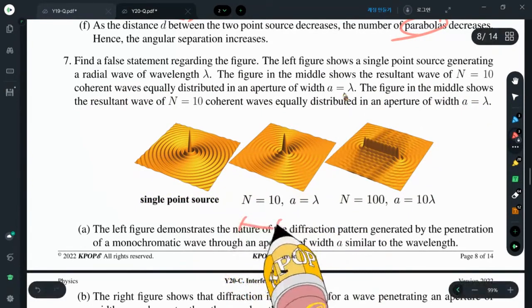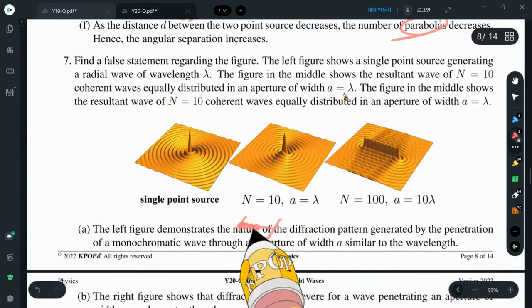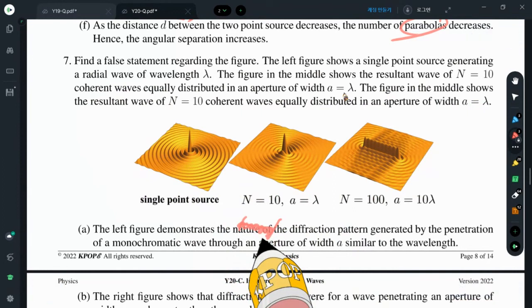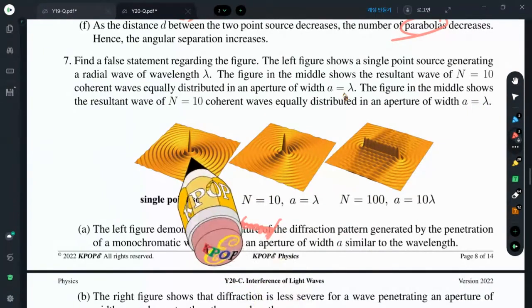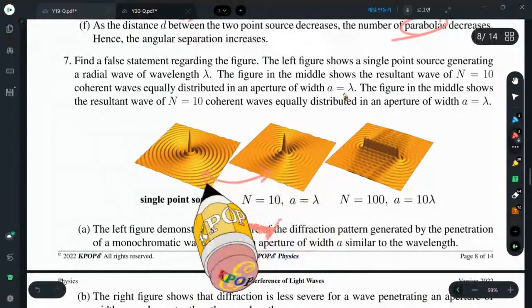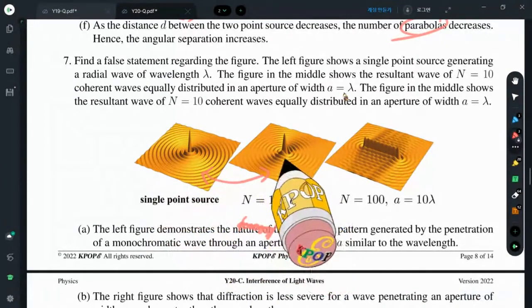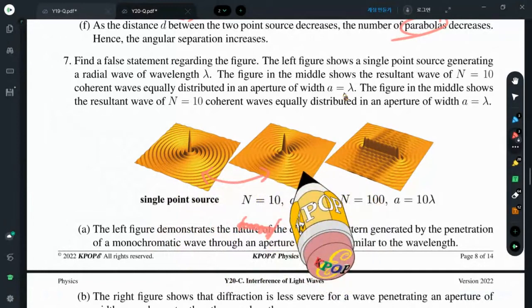So there are 10 sources. Okay. Can you distinguish the resultant waves? It is symmetric. There are nodes and antinodes.